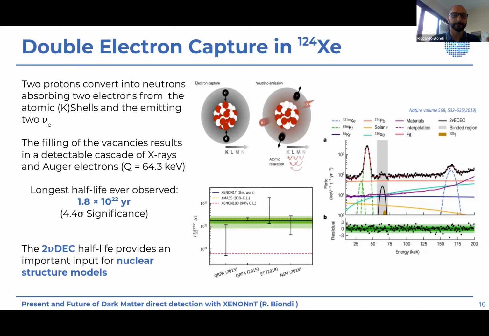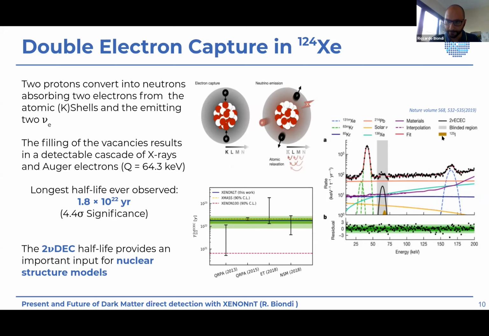Then the filling of the vacancies results in a detectable cascade of X-rays and Auger electrons with a Q value of 64.3 keV. So you see here the spectrum where all the backgrounds are reported, and the black Gaussian peak is the signal expected from two-neutrino double electron capture.